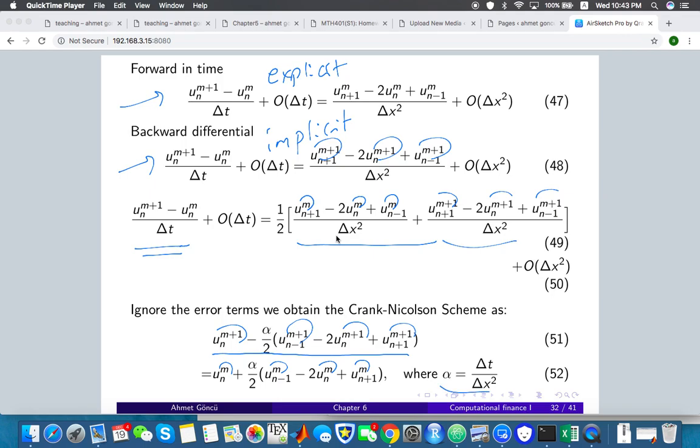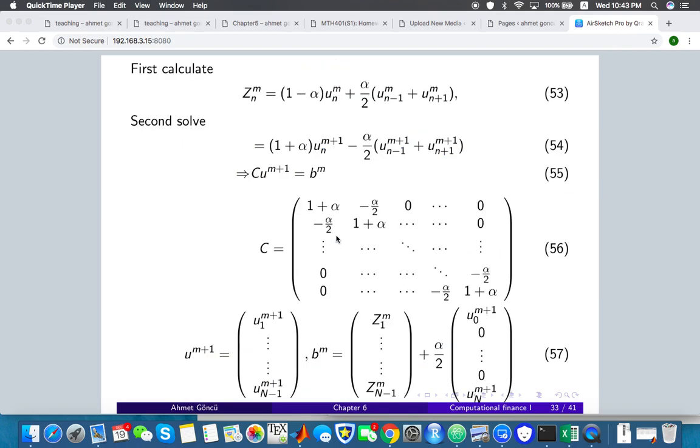Again, you can notice we have, as usual, this alpha constant, delta t over delta x squared. So basically it's the same representation.